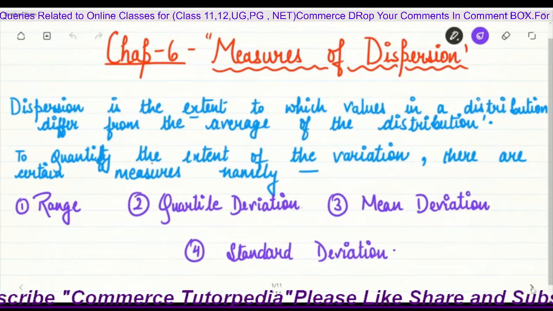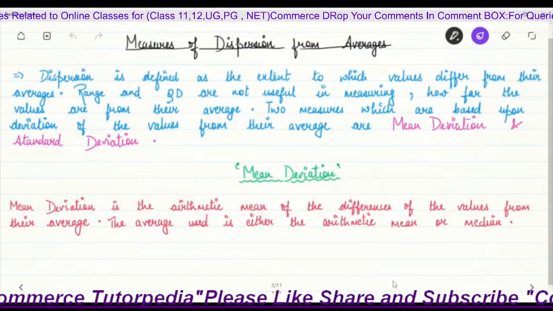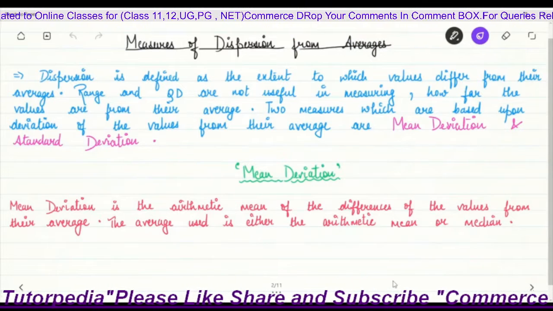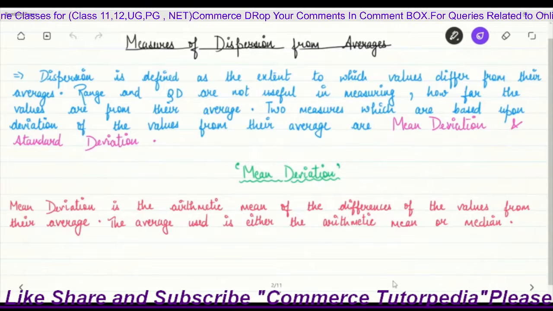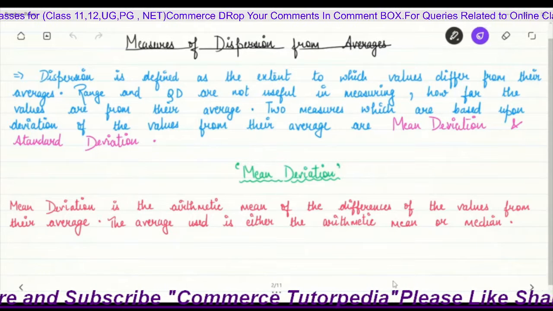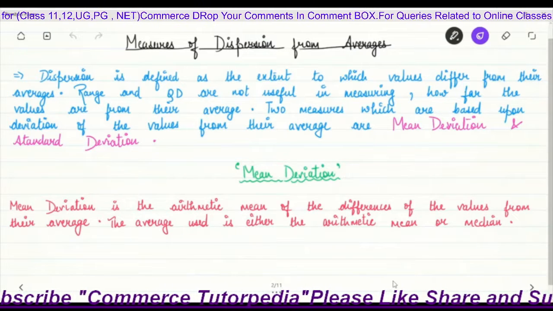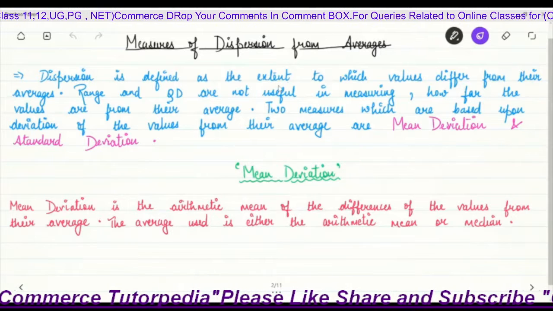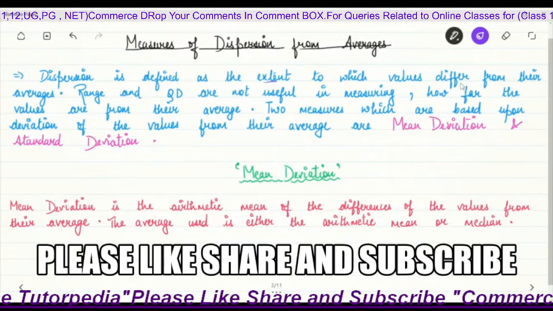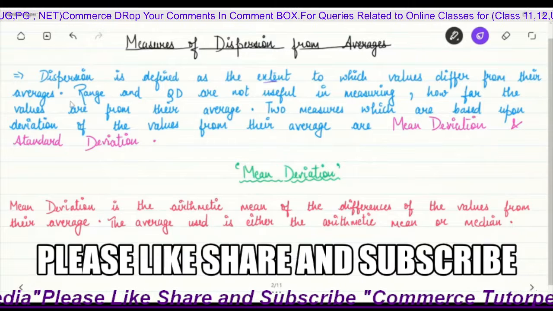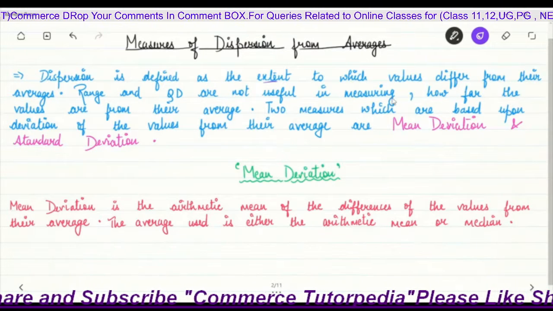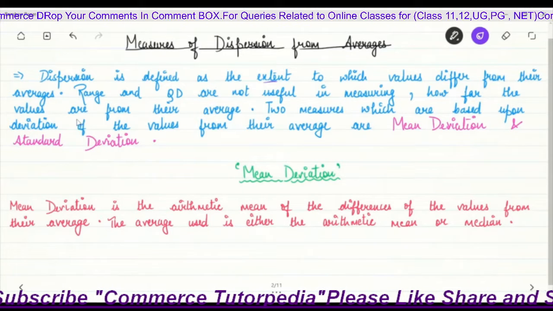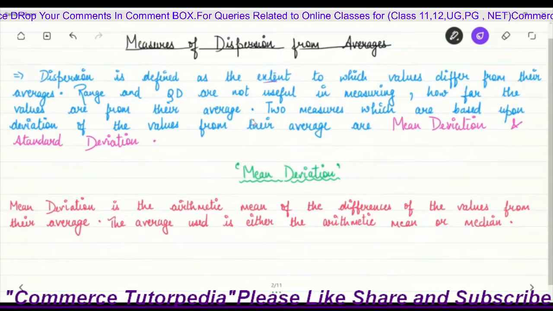Before starting this topic, let us understand why we need mean deviation to calculate dispersion. As we have seen already, dispersion is defined as the extent to which values differ from their averages. Range and quartile deviation are not useful in measuring how far the values are from their average.